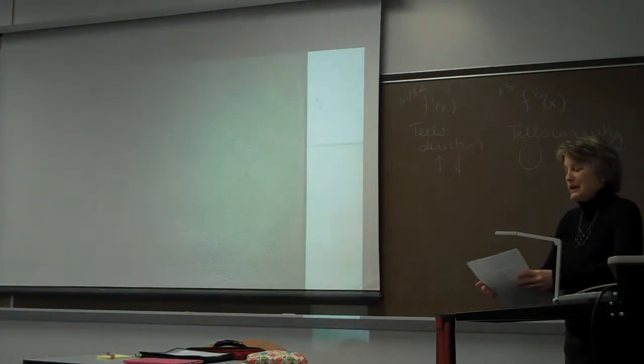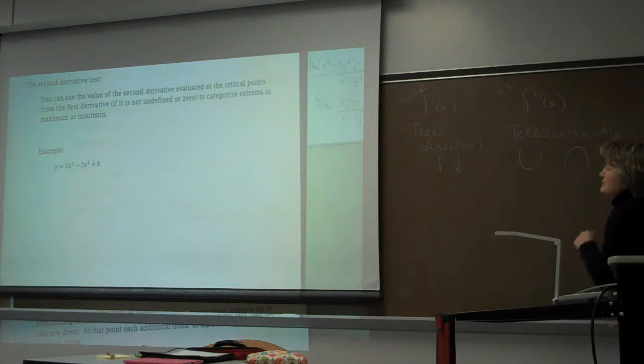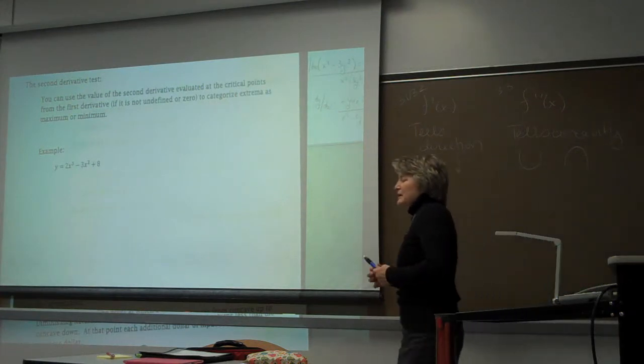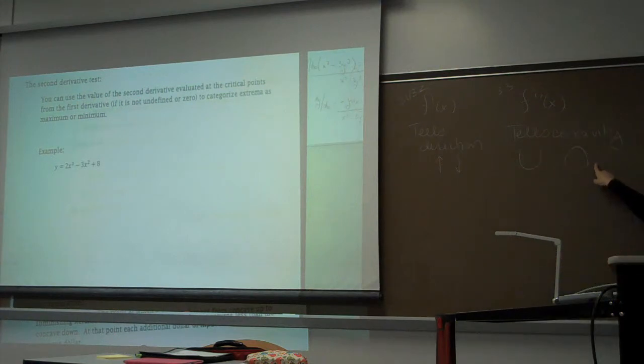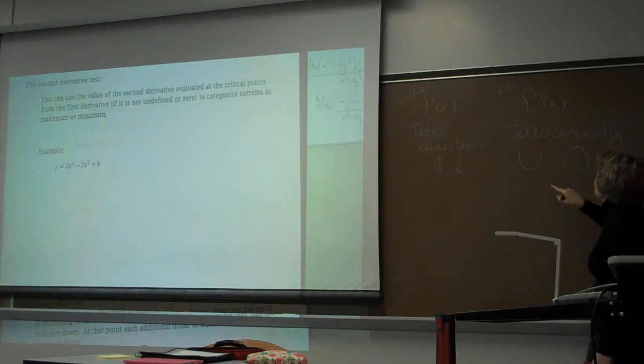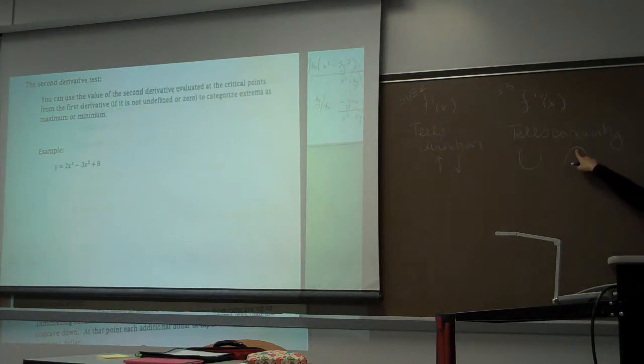Well, now we're going to look at another use for the second derivative on the back. It's this thing called the second derivative test. Because the second derivative tells you about concavity, if you have a critical value and you plug it into the second derivative, it'll tell you whether it's a min or a max right away, as long as it comes out positive or negative.